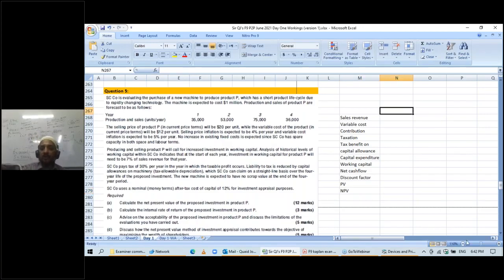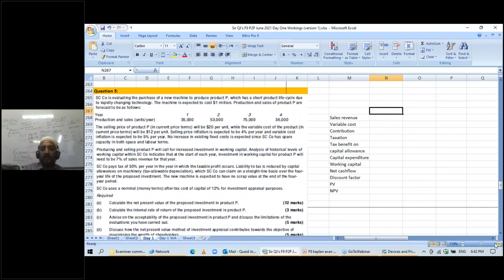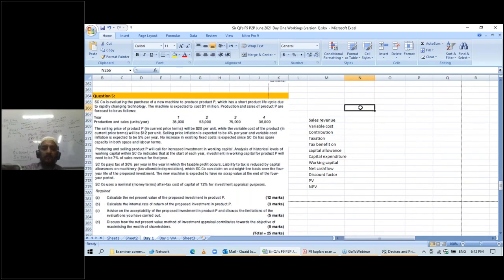First of all, students, you need to check the life of the project. Life of the project means for how many years the cash flow will occur. In this case, the cash flow will occur for 4 years. Consider tax as well. When do the tax payments occur?